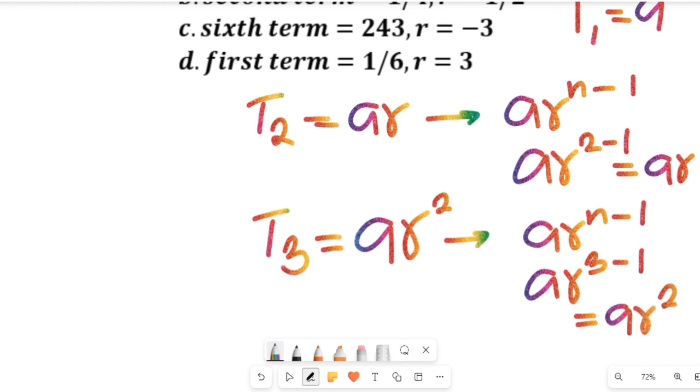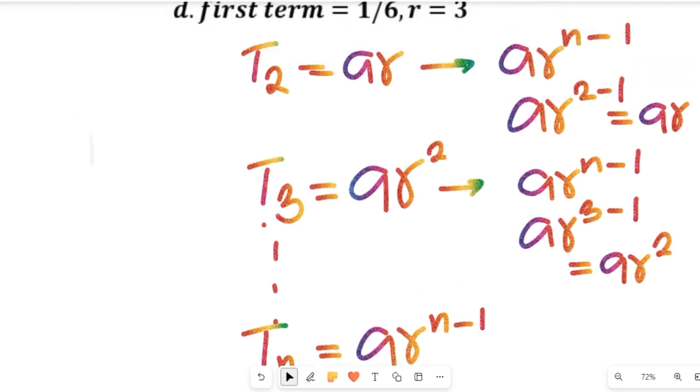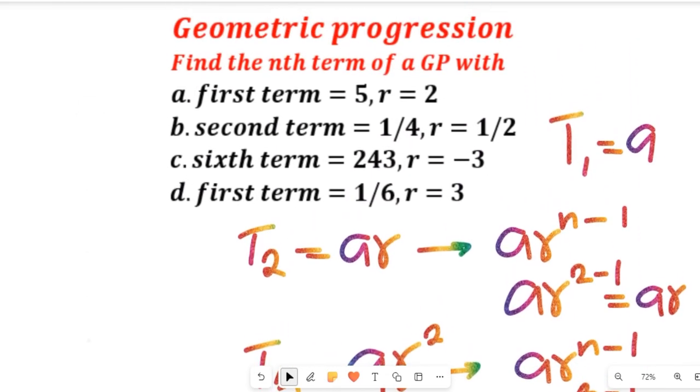So you see, we can continue just like that until we get the nth term, and the nth term is equal to AR^(n-1). So that is the series when it comes to a geometric progression.